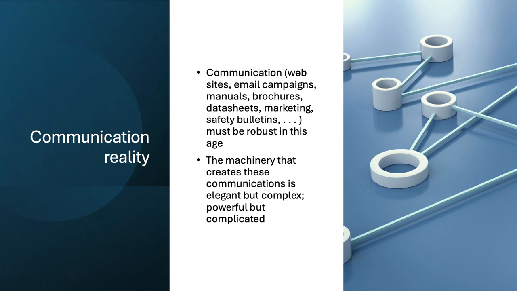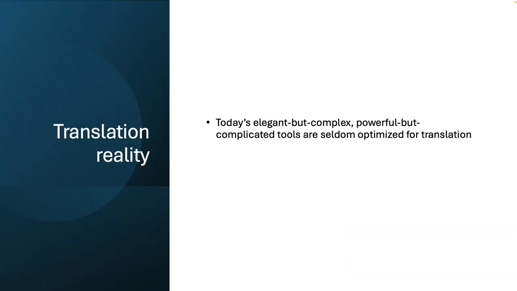And the machinery that creates these communications is elegant but complex, powerful but complicated. So the translation reality is that today's elegant but complex, powerful but complicated tools are seldom optimized for translation.